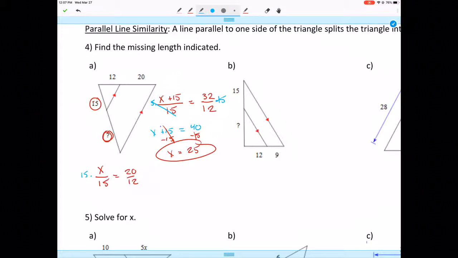Multiply both sides by 15, and then plug that into your calculator. So you get 20 times 15 divided by 12, and you get 25. So I'll probably be doing that. You're welcome to do the whole thing as well, but this only works when we have parallel lines.